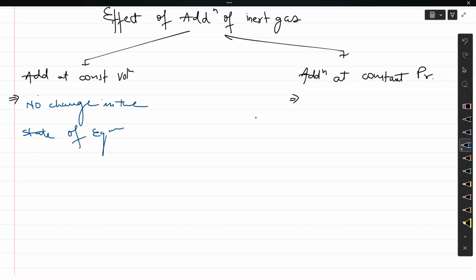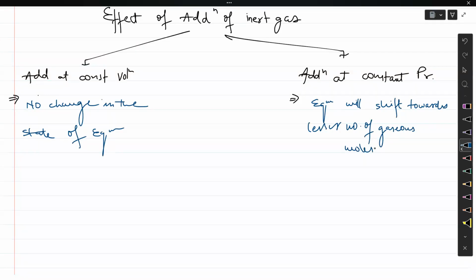And when we add inert gas at constant pressure, the equilibrium will shift towards the lesser number of gaseous moles. Okay?